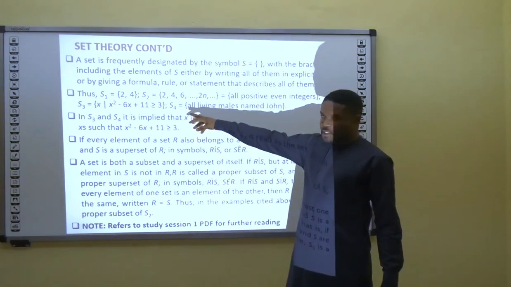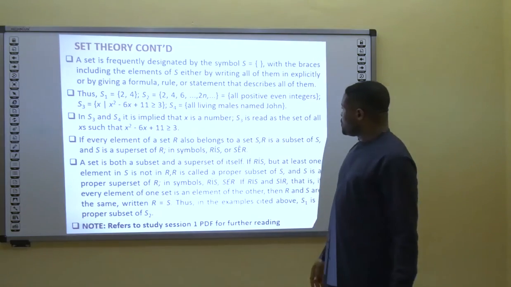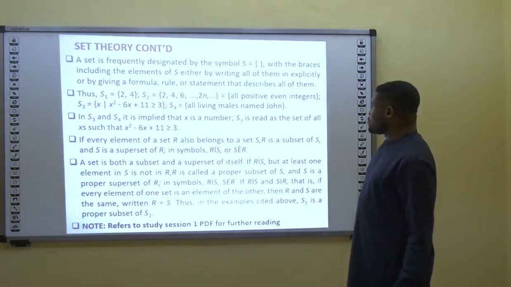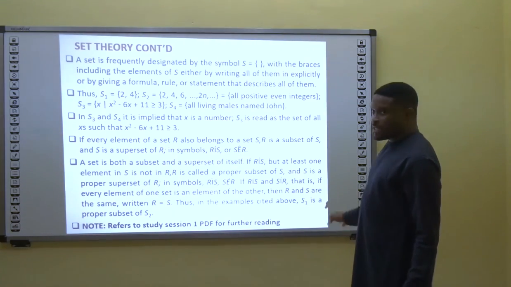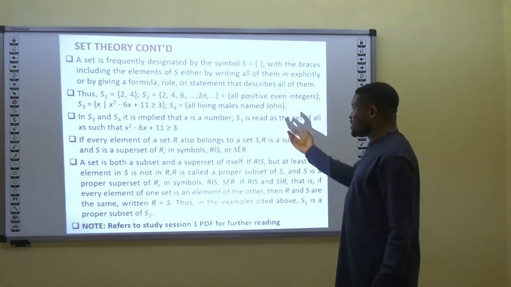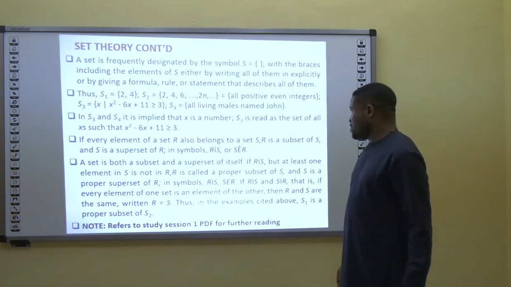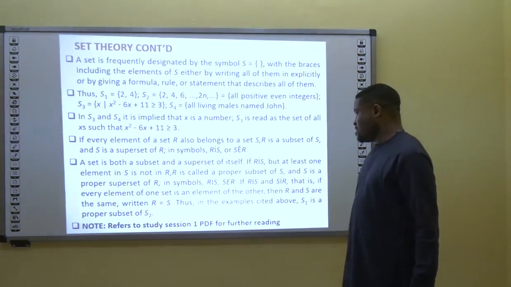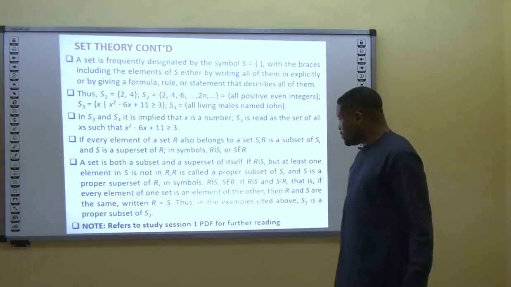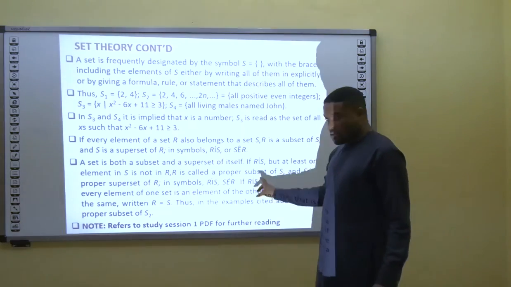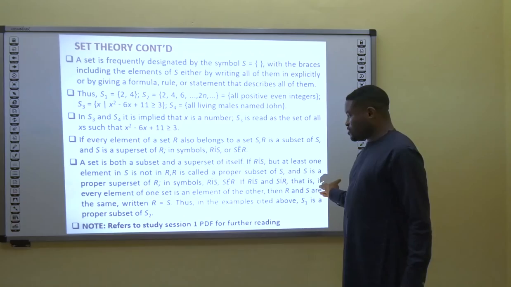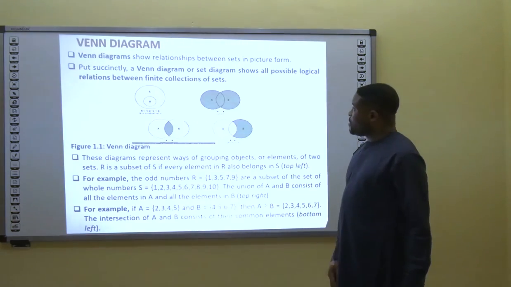And then we have another set, S4, which is equal to living in Dales, and it's named John. So you see that each of the sets is comprised of different subsets within each other. To get a more detailed breakdown of this particular slide, please look at the reference in study session 1 in the material.